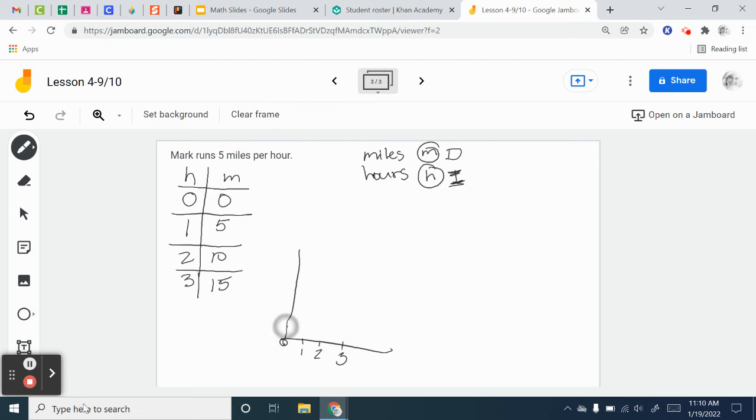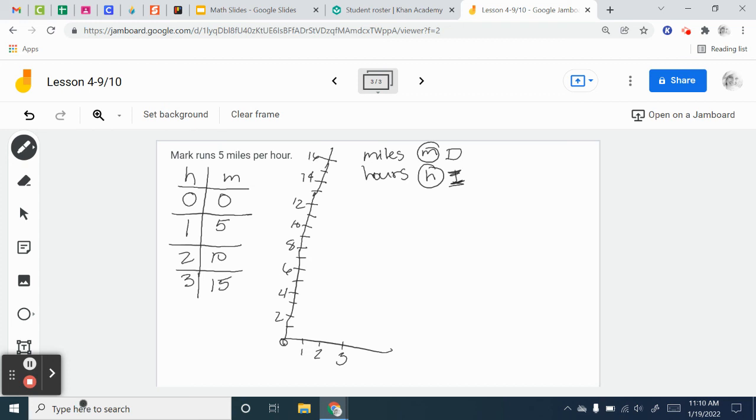And here I can do 2, 4, 6, 8, 10, 12, keep on going, 14, and 16.